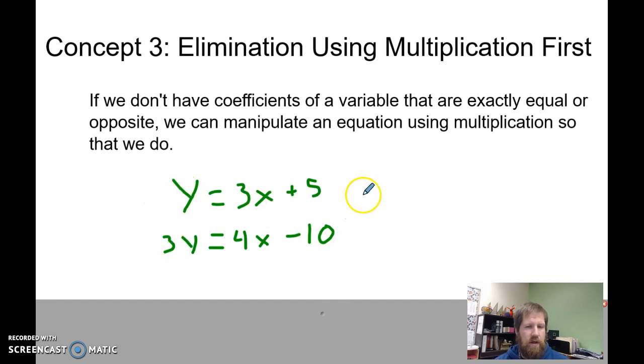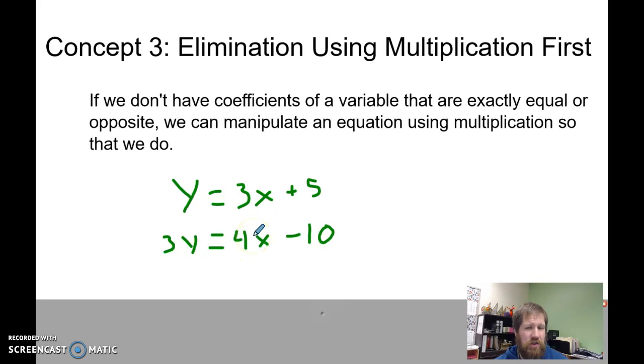Generally, when you do that, you want to multiply the equation that has the lowest value of a coefficient, especially if you've got 1, right? So I've got 1y here. That means I'm going to want to multiply this equation by 3 so that these two are equal. If I try and get my x values equal, it's going to get messy.